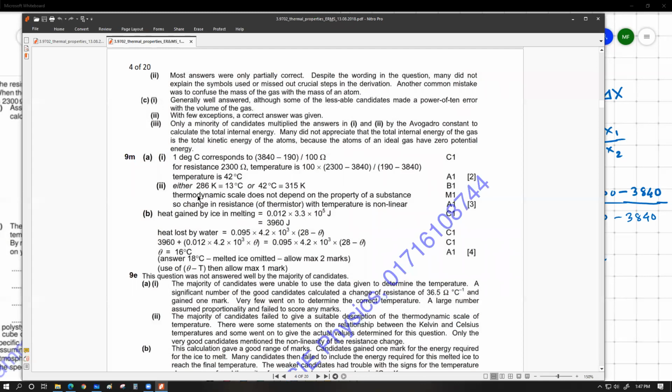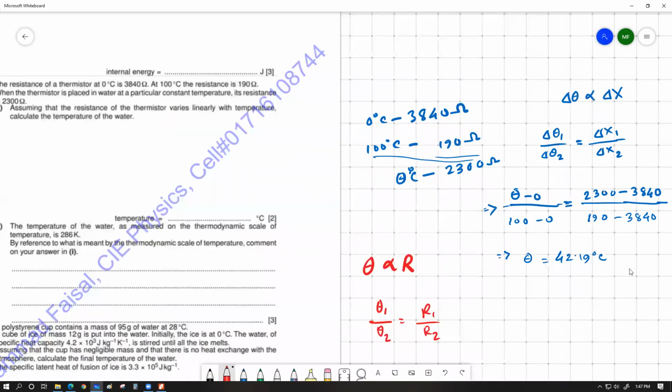Where are they getting this 286 Kelvin from? Which calculation does 13 degrees Celsius come from?